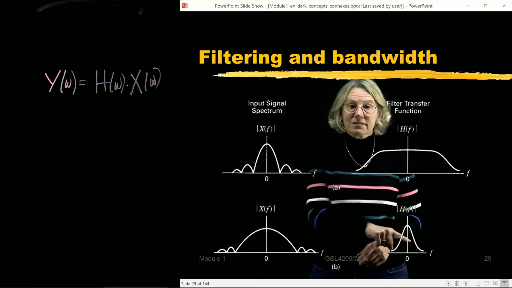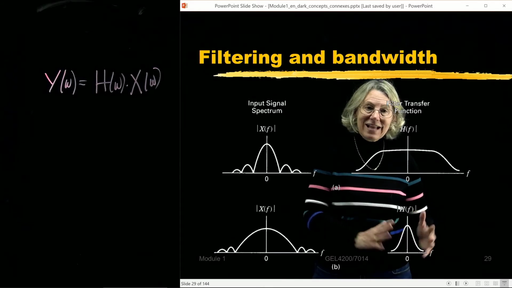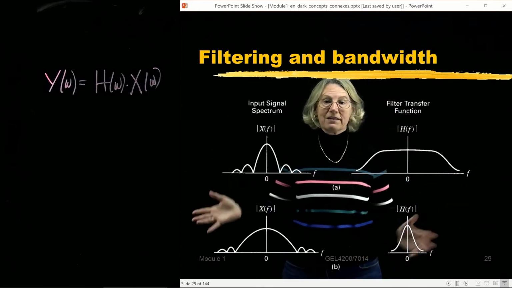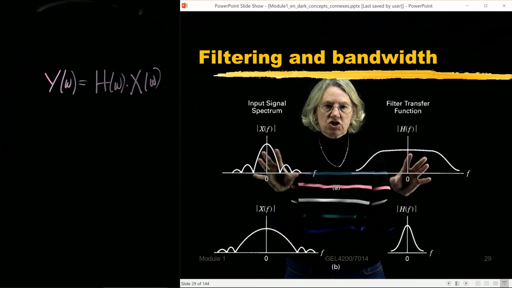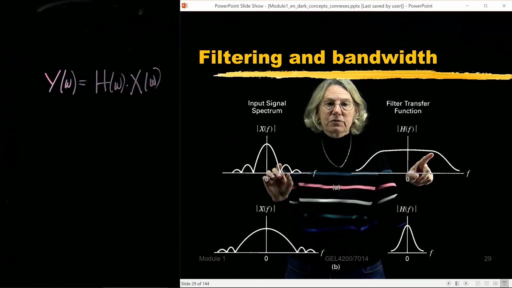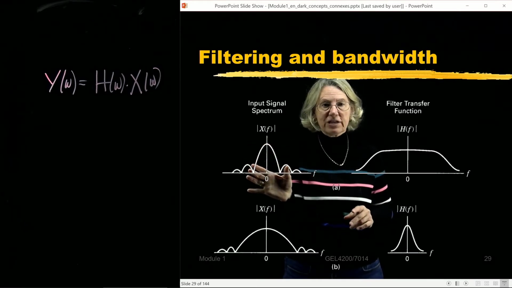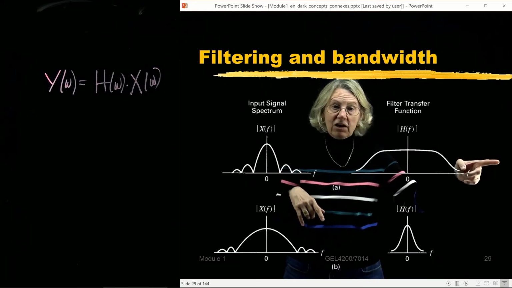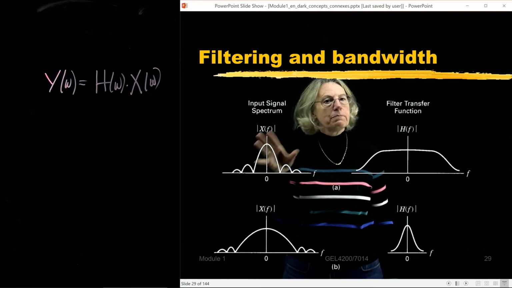And my system is very narrow band. My system is not allowing a lot of high frequencies to go through. So what's going to happen at the output? When the frequency response is pretty flat and equal to 1, I'm going to see most of the energy in my signal. So intuitively, I know that at the output here, the y is going to look pretty much like the x. It's not going to be changed much.